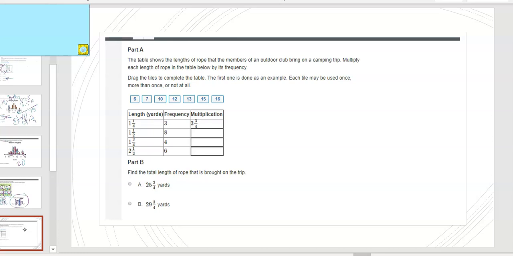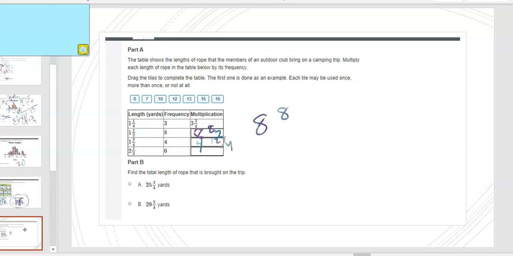The table shows lengths of rope. Multiply each to get the frequency. Okay, so 1 1/4 times 3 is 3 3/4. 8 times 1 is 8, and 8 halves. 1 3/4 times 4 would be 4 times 3 is 12/4.